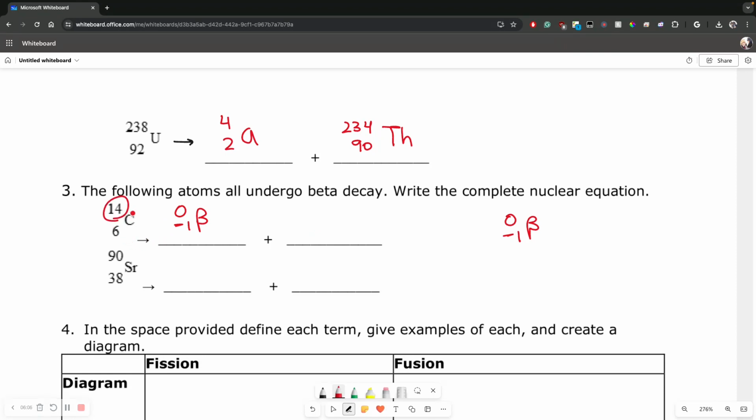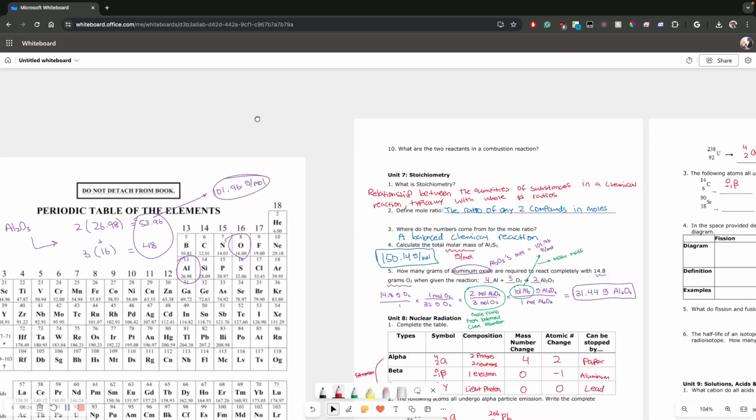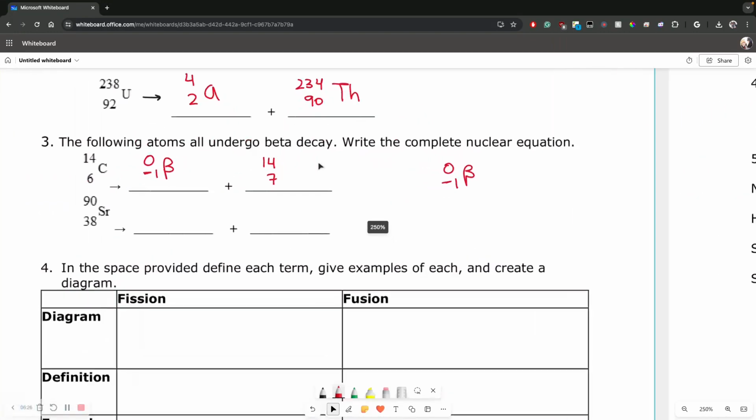So 14 and 0 have no change whatsoever. You're going to have the same mass number, but this time 6 plus 1, which is 7. If you do not know what the 7th element is, it is nitrogen. So that right there is going to be nitrogen.